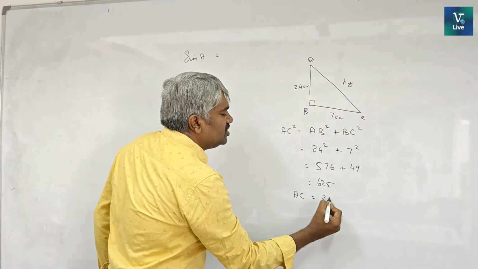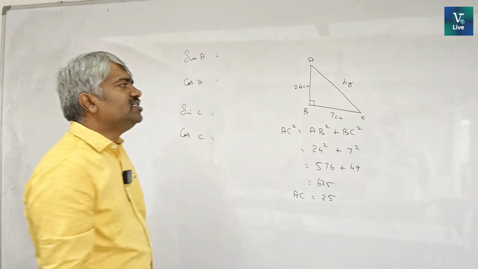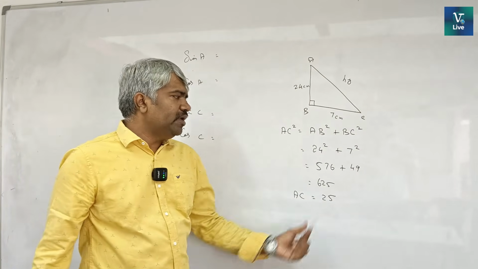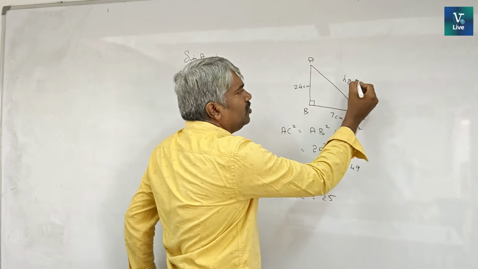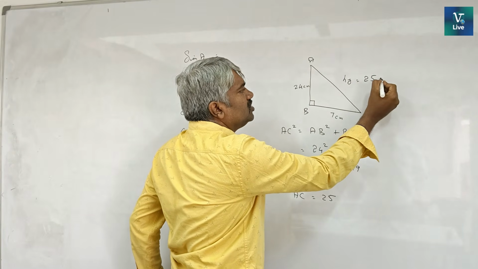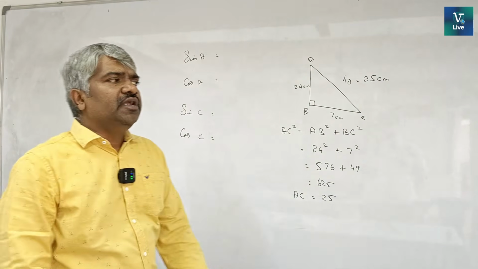Therefore, the length of the side AC is 25 centimeters. So AC is equal to 25 centimeters. Therefore, the length of the hypotenuse side is 25 centimeters.